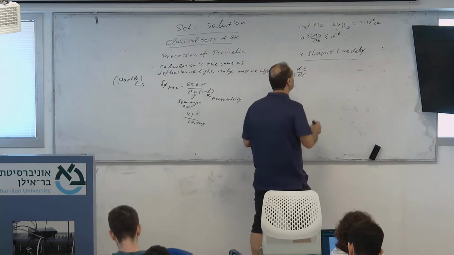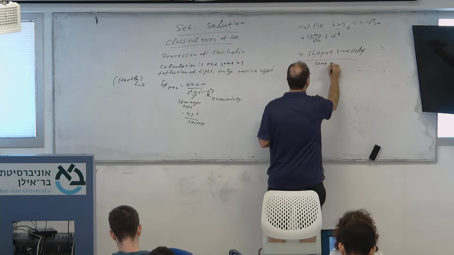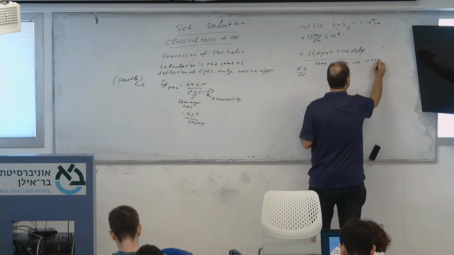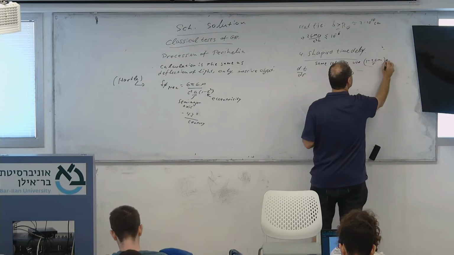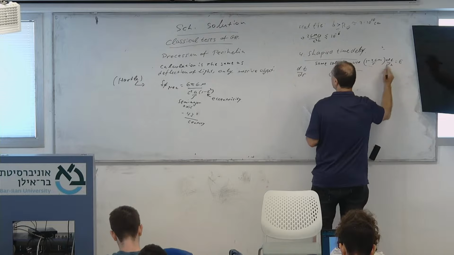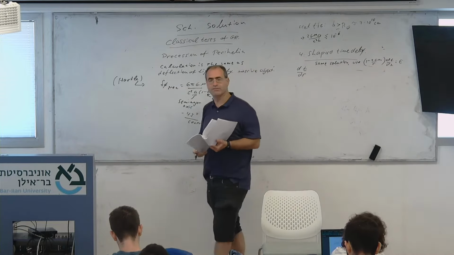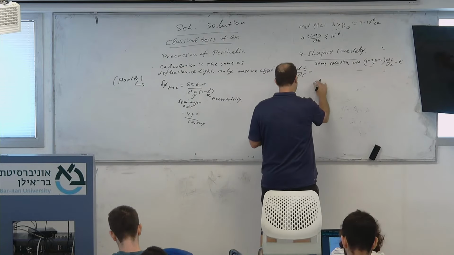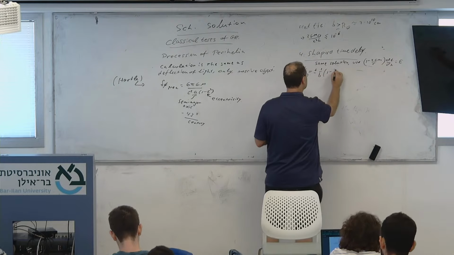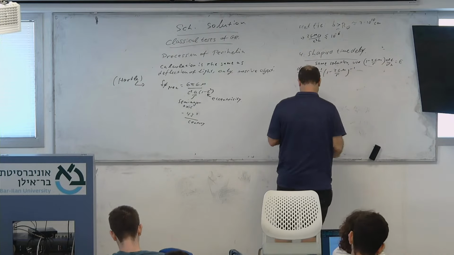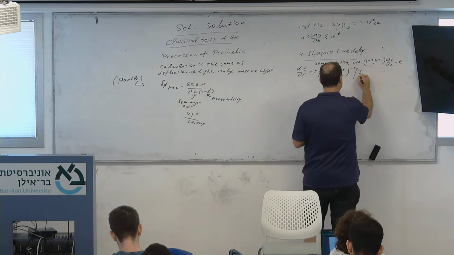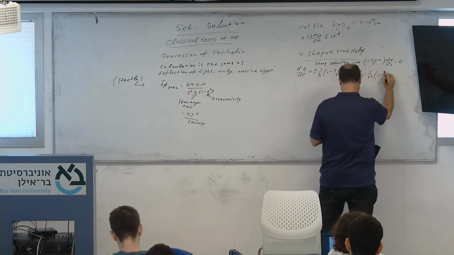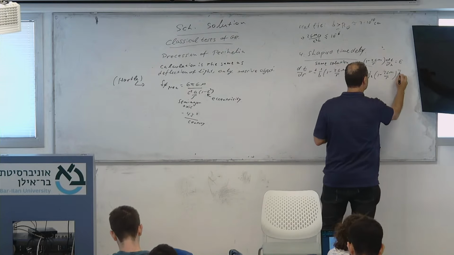Just using the same solution, and use (1 - 2GM/r) dt/dλ = E. Plug into the same solution that we just derived for the light reflection, and you end up that dt/dr is equal plus minus 1/b (1 - 2GM/r)^-1. And that is the same solution: 1/b² - 1/r² (1 - 2GM/r)^-1.